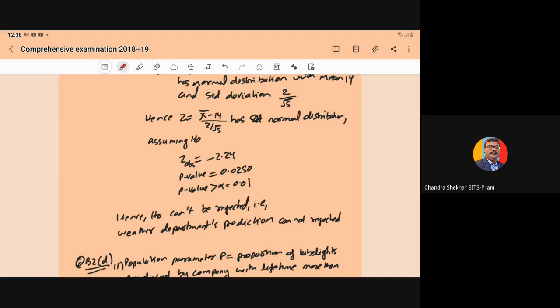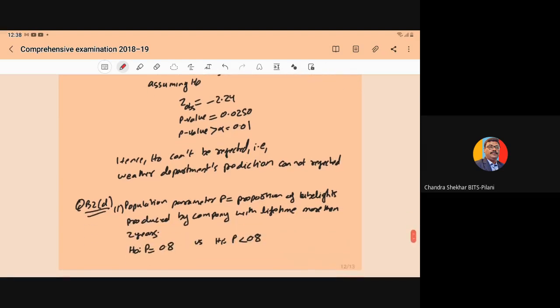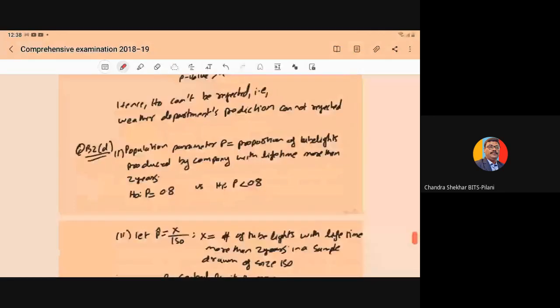Means you have to accept the H naught. So here the weather departmental prediction cannot be rejected. Means whatever the weather department is saying, we have to follow. They are saying the correct thing.